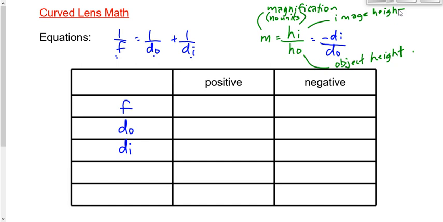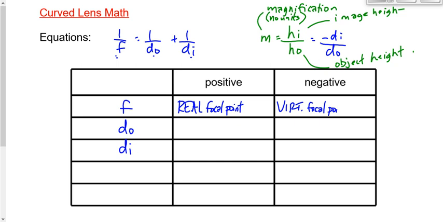And then the green variables, the sign convention will follow a pattern, but a different pattern than the ones that are in blue. The focal length is positive if we have a real focal point. And it's negative if you have a virtual focal point.